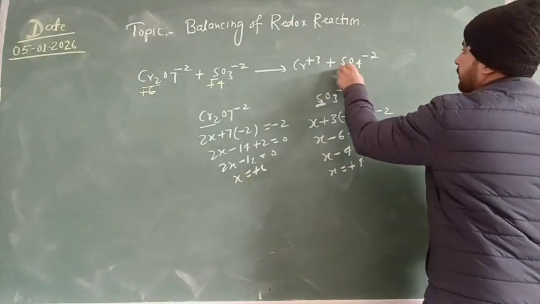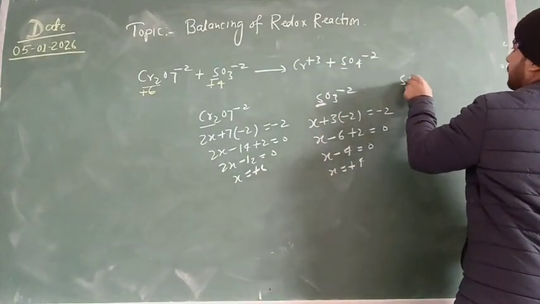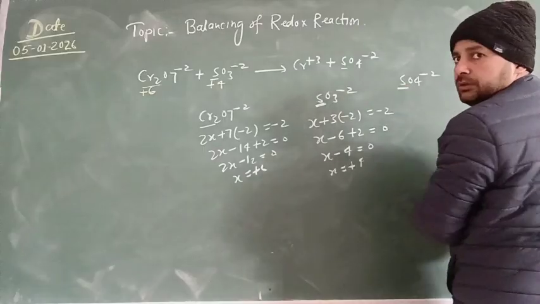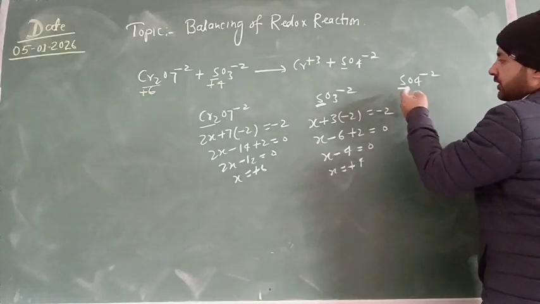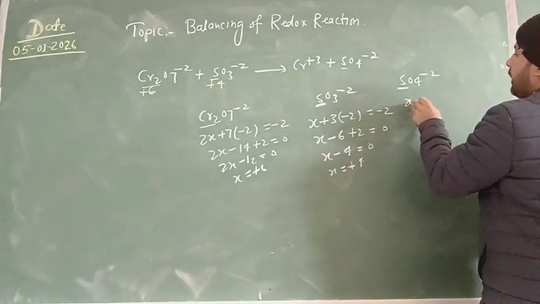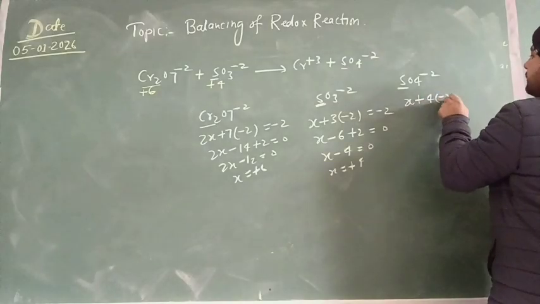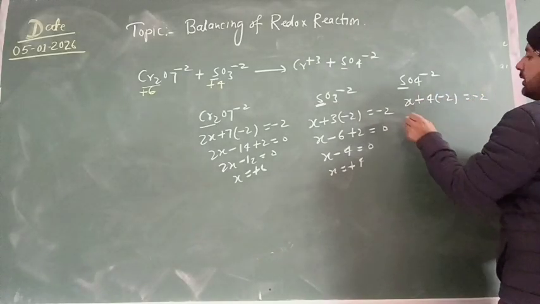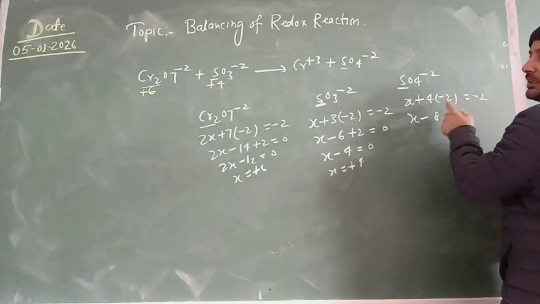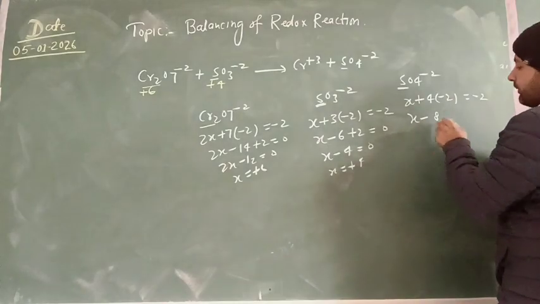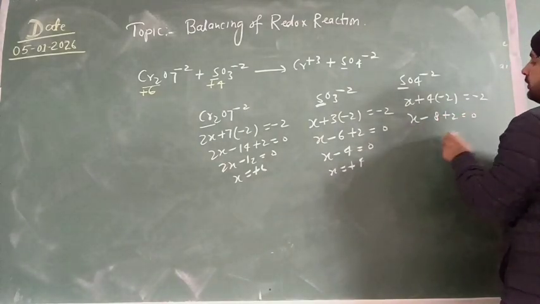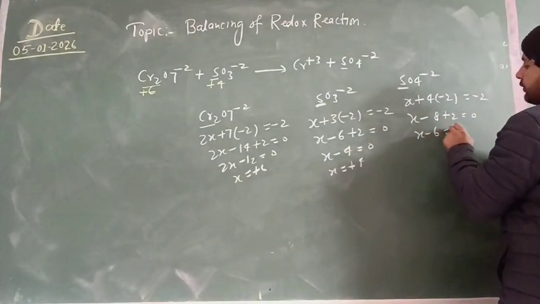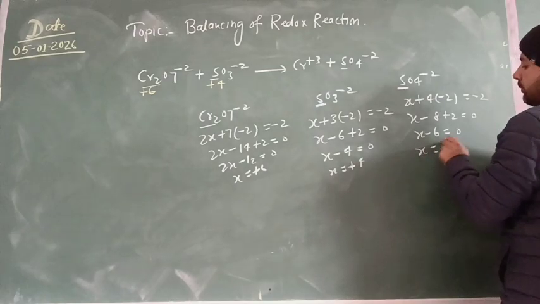Now we will find the oxidation number in SO4 2-. For sulfur, first we take it as X, plus 4 into minus 2, equal to minus 2. X minus 8 minus 2, after transferring it becomes plus 2, equal to 0. X minus 6 equals 0, so X equals plus 6.